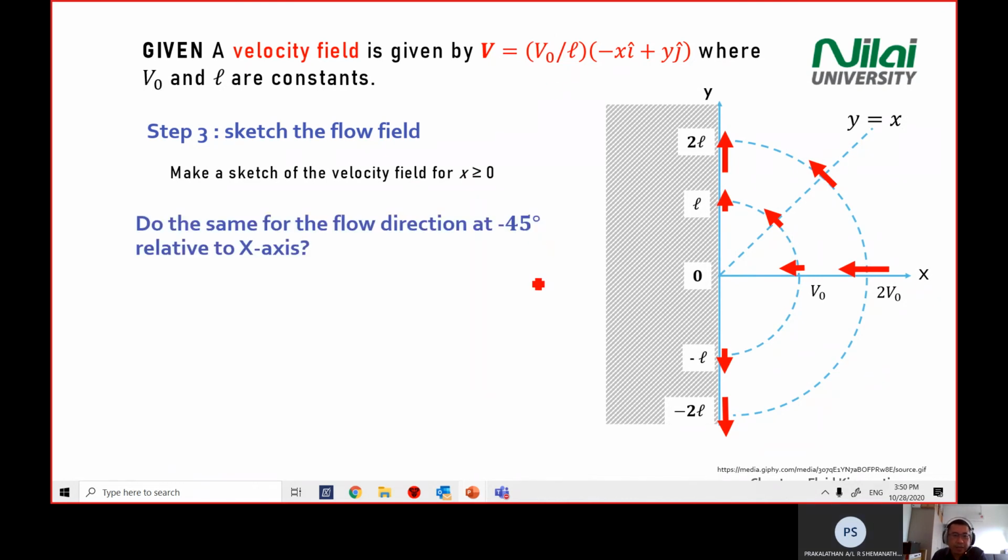All right. Now, what about negative 45? Negative 45, we know that y equal to minus x, because y equal to mx plus c. We know that this one is the intersection at origin, so c equal to 0. So m is our gradient, so negative is this direction, right?